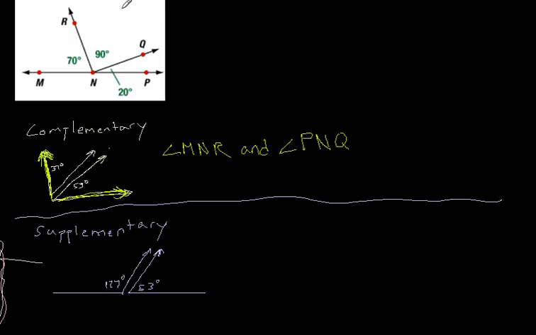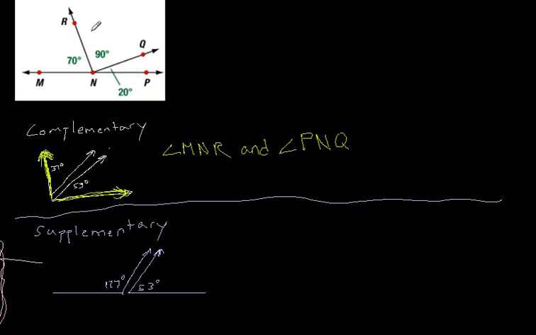However, in my diagram, do you see any two angles that create 180 degrees? Well, sure you do. You see that when you add 90 and 20 together, you have 110. And when you add 110 and 70, that is 180 degrees.